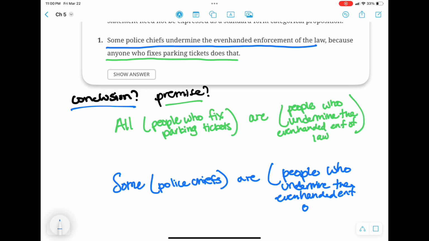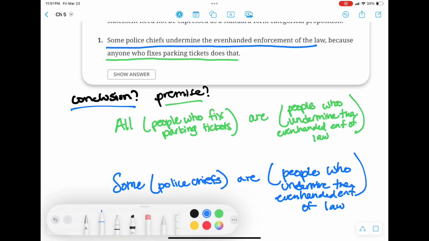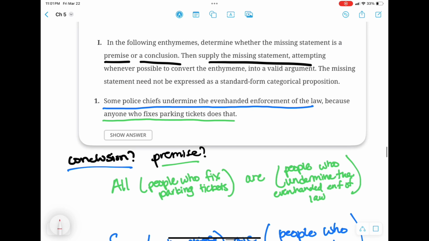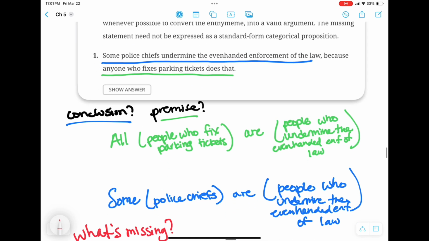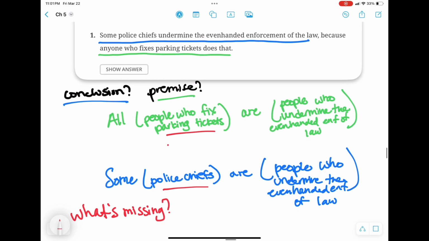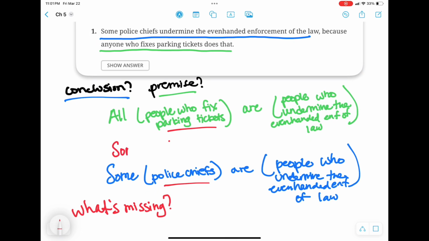I'll write out what premise and conclusion are explicitly stated. And so we can see that the minor term is police chiefs, the major term, people who undermine the even-handed enforcement of the law. The minor term isn't found in the premise, so we're going to need that minor term in the premise. And the middle term, people who fix parking tickets, is also going to need to be there.